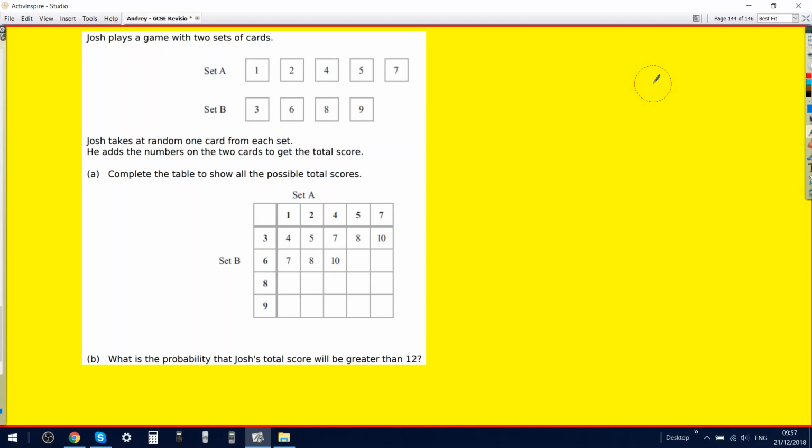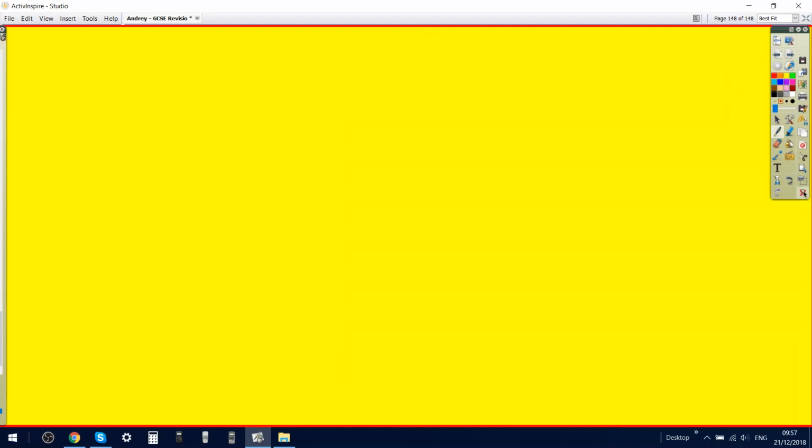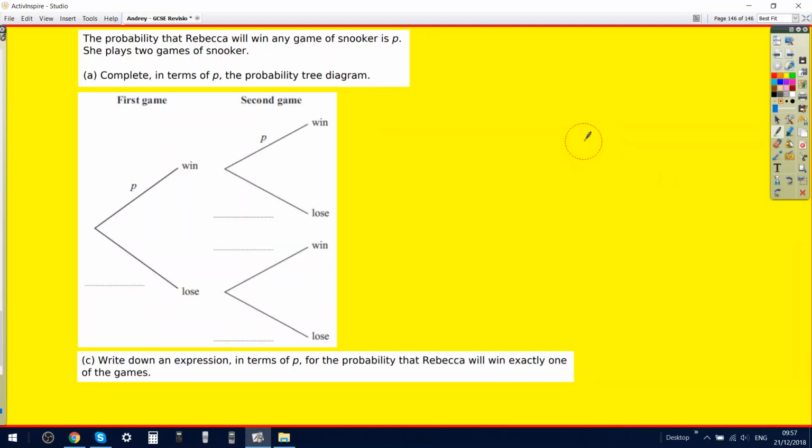Okay, so I need to do A. Yeah, so just how would you do it? So 1 and 8, it would be like 9, and then for 1 9 it'd be 10. That's fine. And then part B, what is the probability that a score is greater than 12? It would just be the numbers that are bigger than 12 over the total. Okay. Let me just come back to this one. Oh, no, spoke too soon. Right, we're doing it.